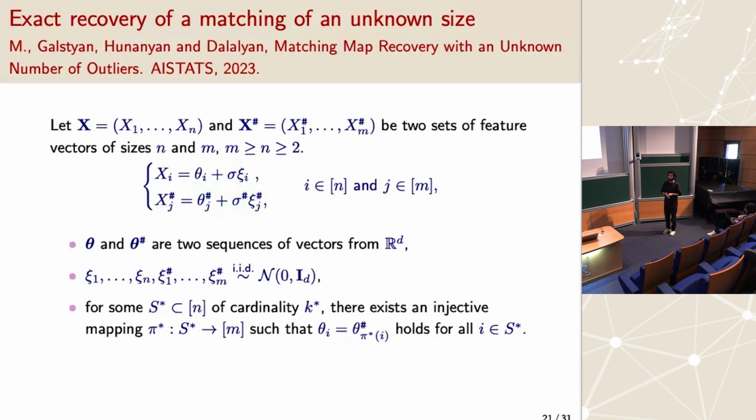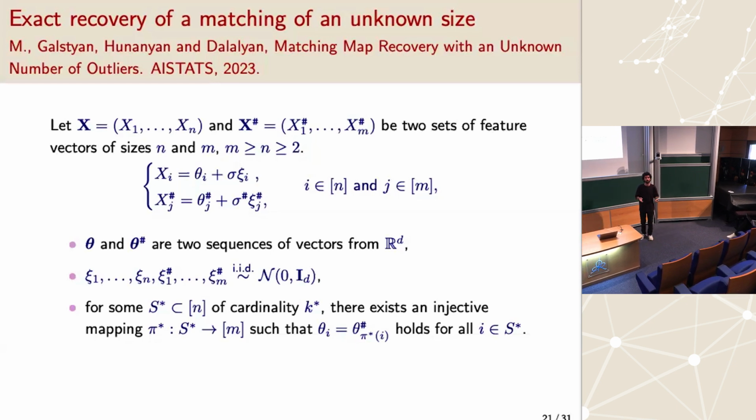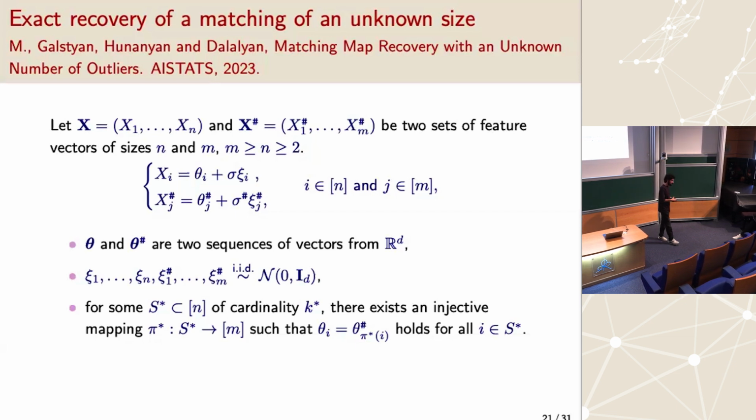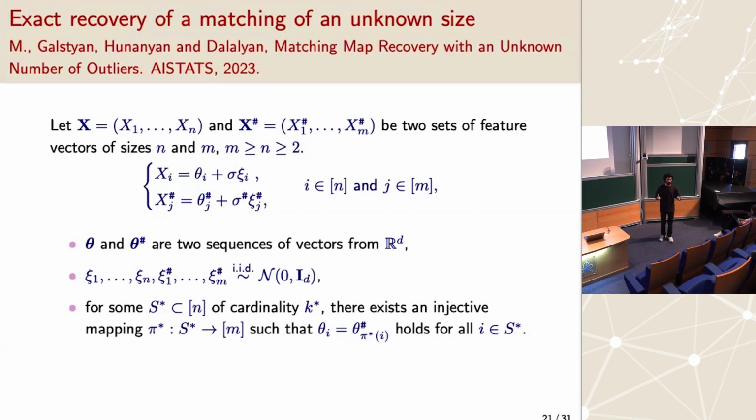Optimizing the maximum likelihood with respect to sigma gives the sample covariance matrix, and what we would like to do is minimize the log determinant of this sample covariance matrix with respect to the permutations pi.